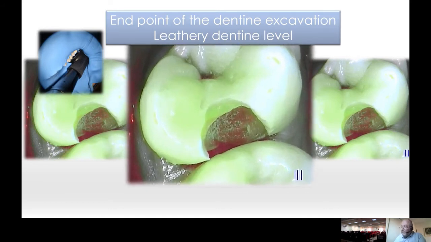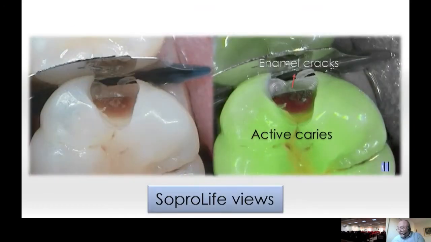And thanks to the high level of magnification, we can have detail of the leathery dentin structure and also better understand the peripheral seal concept. Here we are in the perioperative step, combining magnification and fluorescence gives huge information about caries activity. You can see on the left side the daylight mode and then the fluorescence mode on the right side.